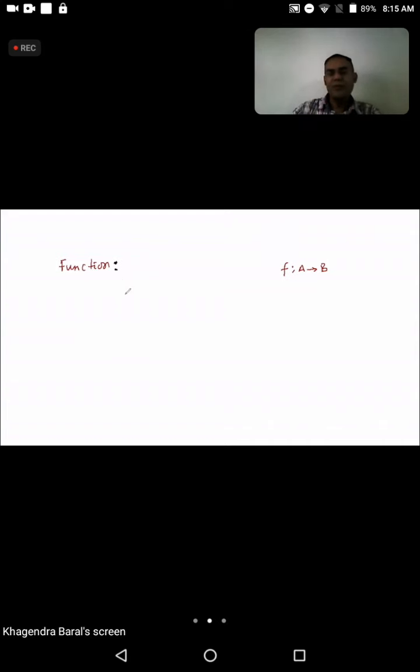In this function there are different types of functions, and by classifying them there are only one to one or many to one functions, and the second classification is onto or into functions. These are the two classifications of functions.